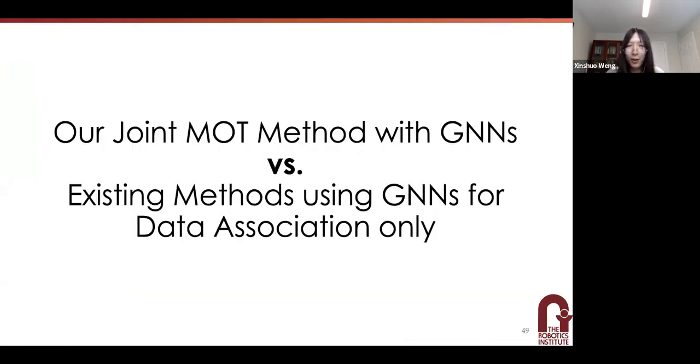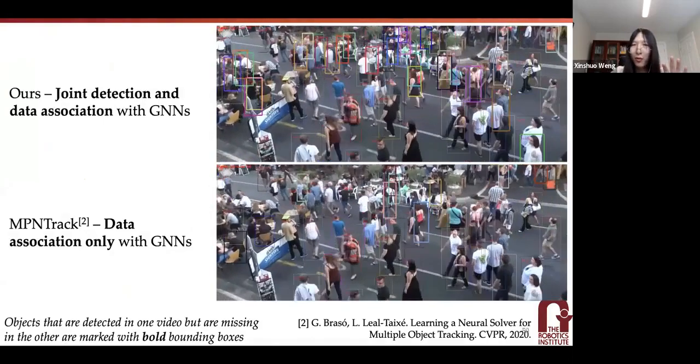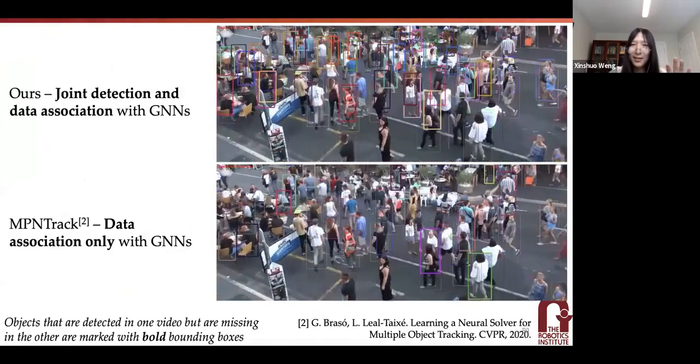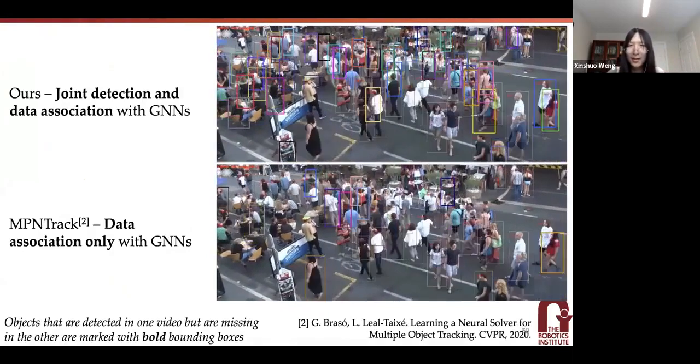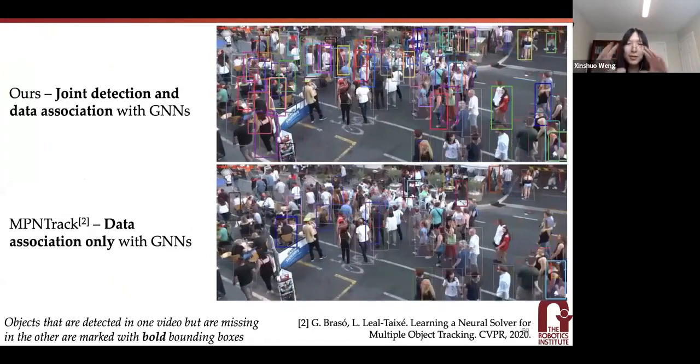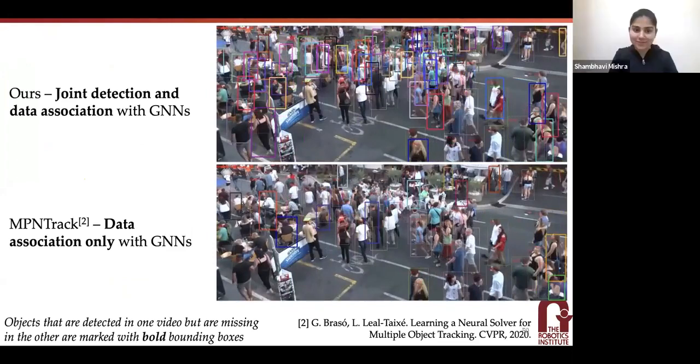Yeah, and also I guess this work was presented before in CV talks. This is from Laura's team, the neural solver for multi-object tracking. This one is really very similar to the work I just presented.